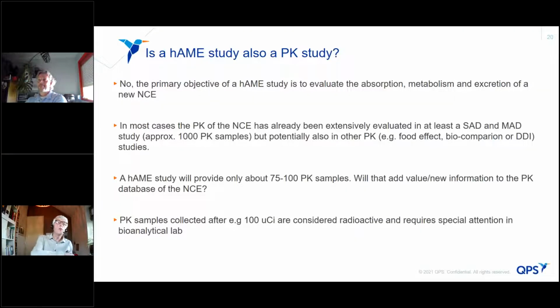So it's a small question, but still an important question: do we need to collect samples for normal PK measurements? And in many cases, this is in the protocol. QPS is of the opinion that measuring drug levels by, for example, LC-MS is normally not required.